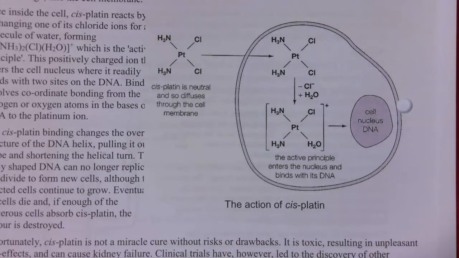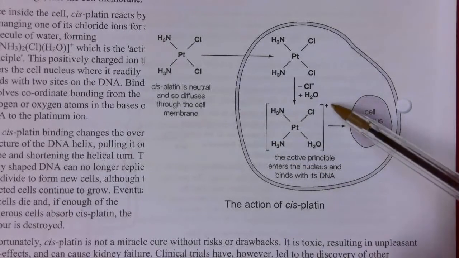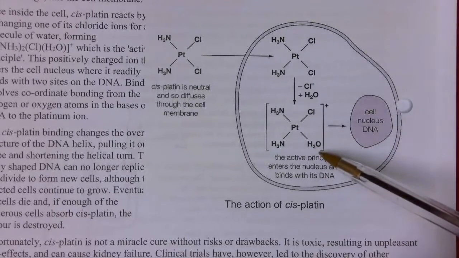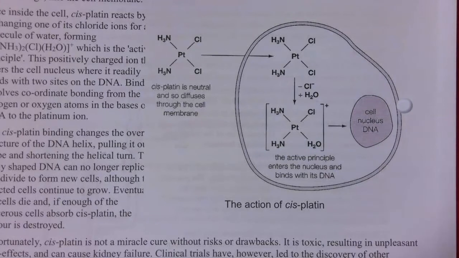This is actually the active drug. It now has a positive charge and it has a water molecule in place of one of the chloros. Now this molecule can bind to the guanine of a DNA. It pulls the DNA helix out of shape by cross-linkages, and it prevents the DNA from replicating, and hence the cell dies. And that's the important principle of how this works.